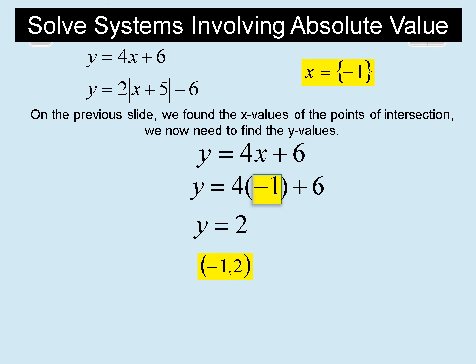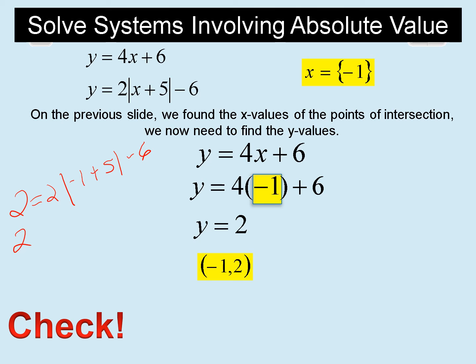But you also want to make sure that it works in both equations, because remember that intersection point has to work in both equations or else it's not the intersection point. So I'm going to check. Well, we know it already works in the top one because that's how we got y. But let's plug it into the absolute value. So that would be 2 equals 2 times the absolute value of negative 1 plus 5 minus 6.